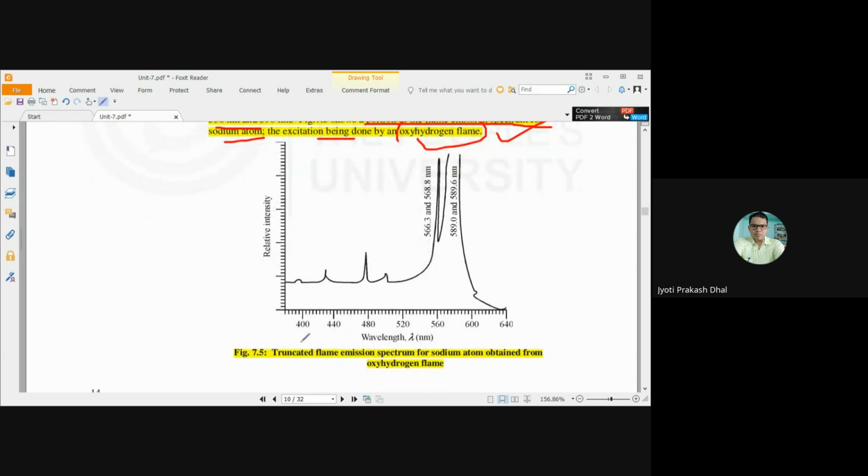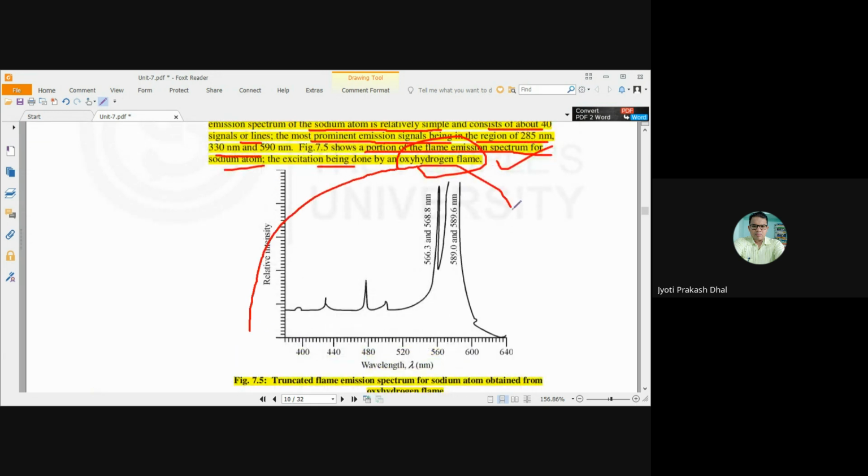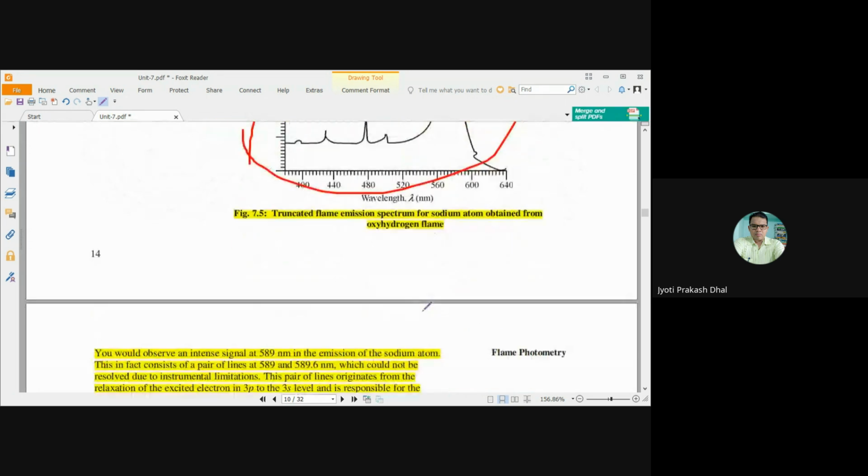This is the characteristic emission spectrum obtained for sodium, and here you can see peaks at 589 and 589.6 nanometers, and another peak at 566.3 and 568.8 nanometers.